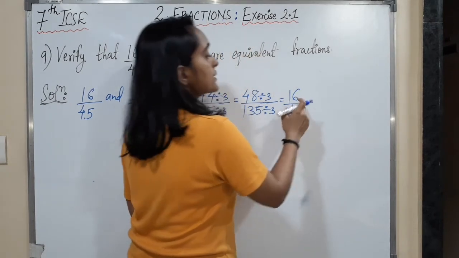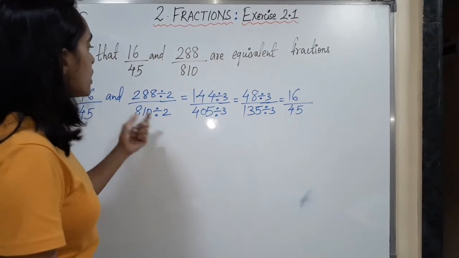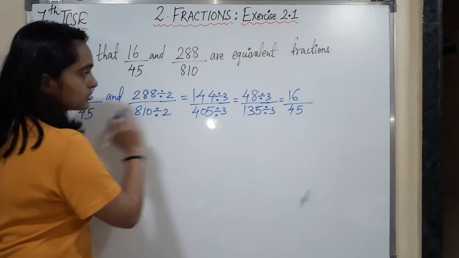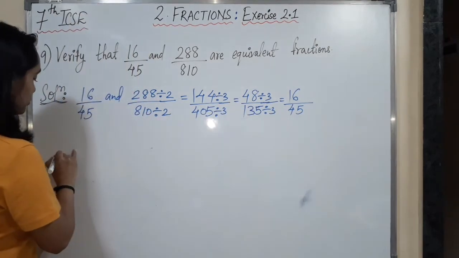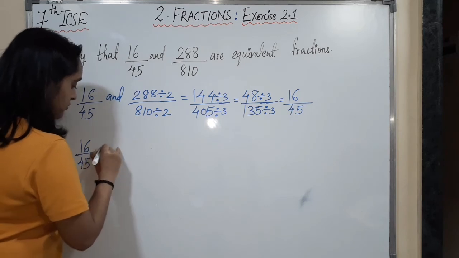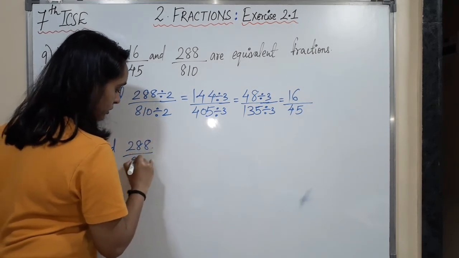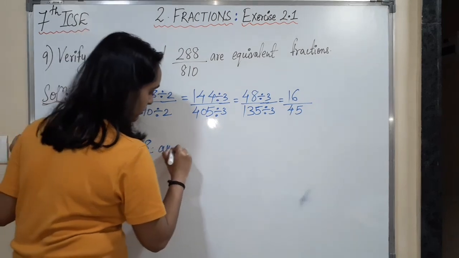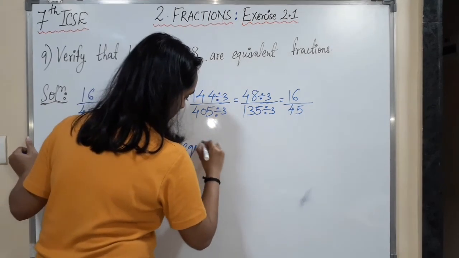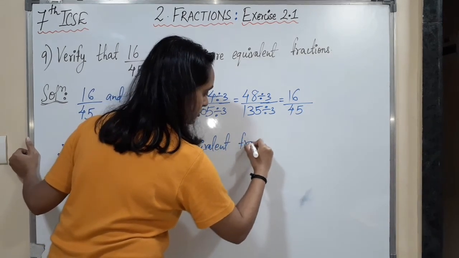So you got 16 upon 45 and you have to prove 16 upon 45 only. So as these are same, therefore 16 upon 45 and 288 upon 810 are equivalent fractions.